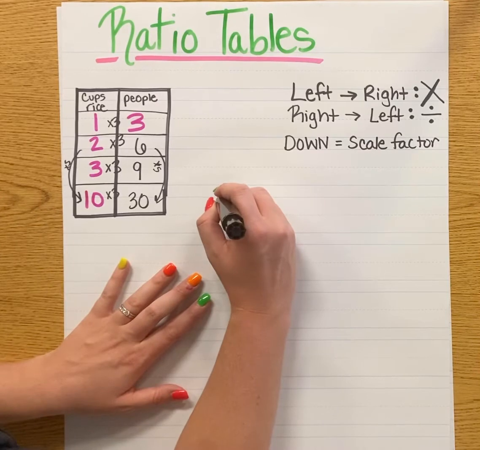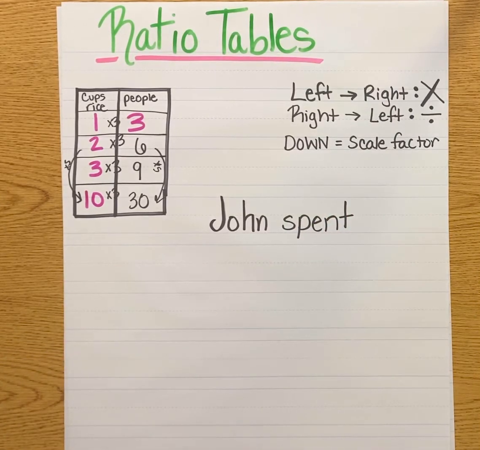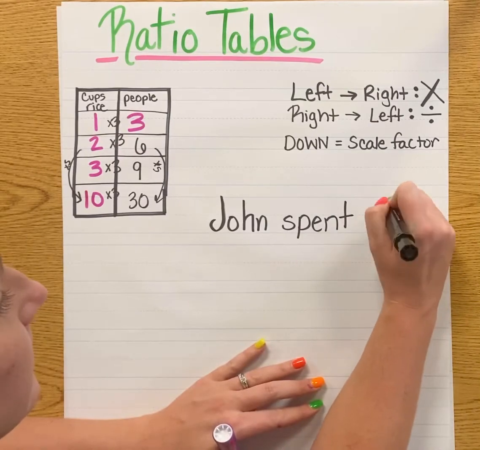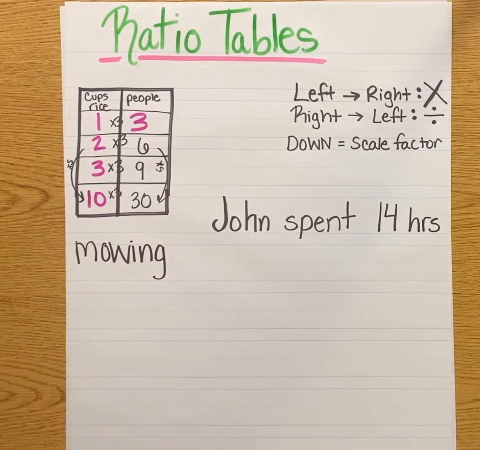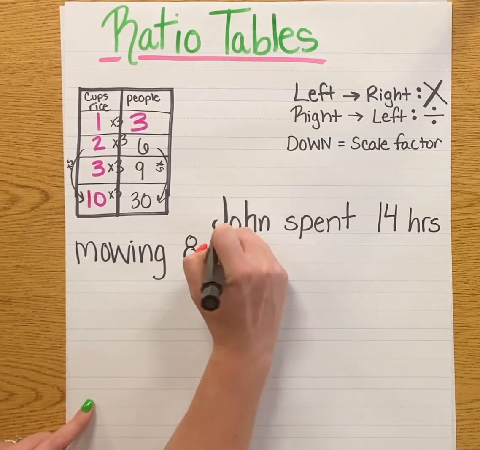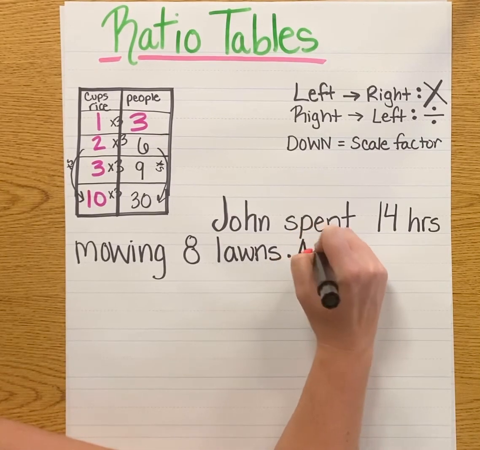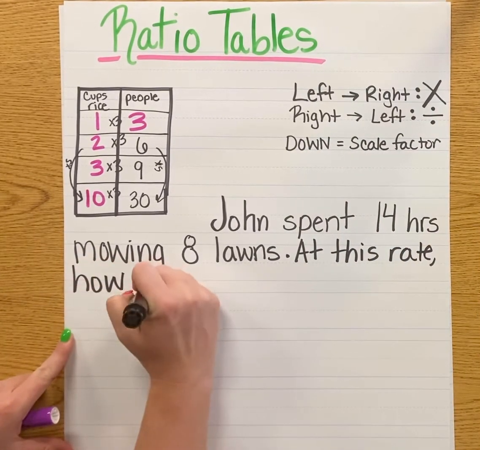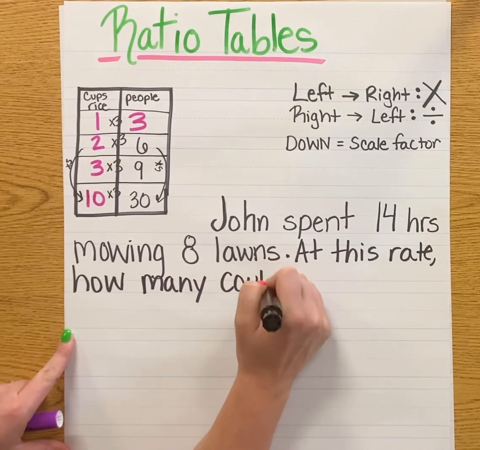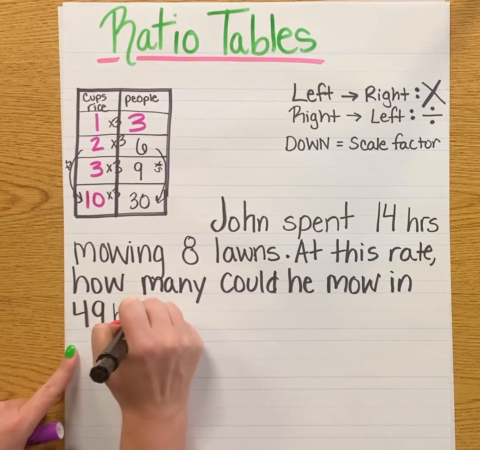John spent 14 hours mowing 8 lawns. So at this same rate, how many could he mow in 49 hours?